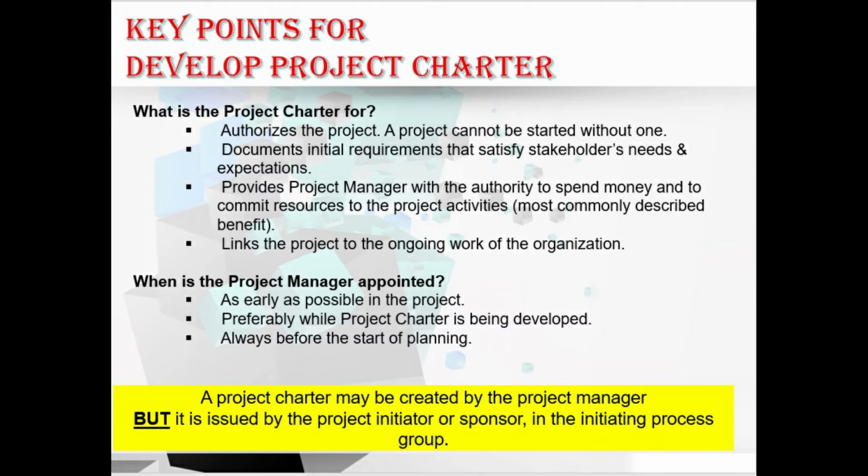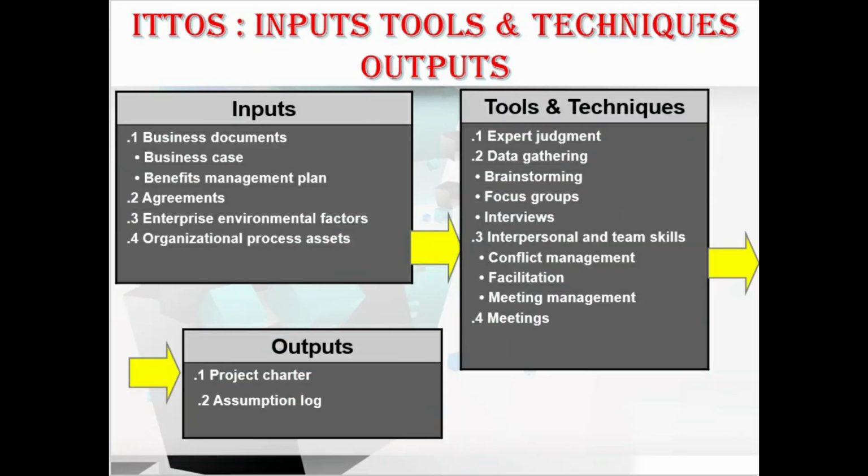Okay, hope you understood the definition, the key benefits, and the key concepts of this process. Let's go with its ITTOs. In inputs, we have the business documents, which contain a business case and benefits management plan, and we have the agreements, EEFs and OPAs, that is enterprise environmental factors and organizational process assets.